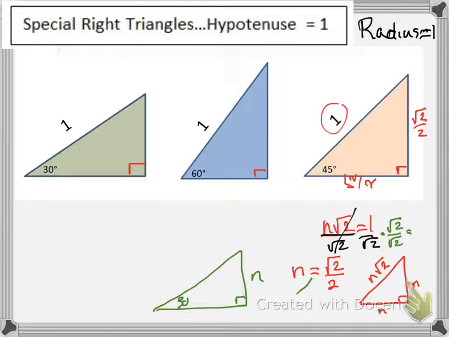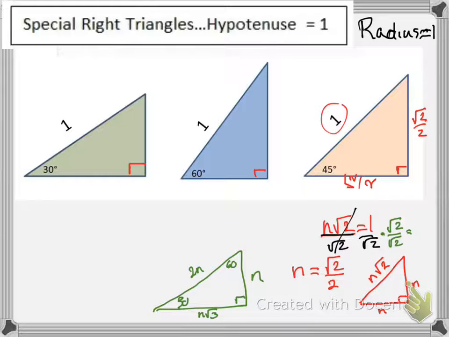The longest side, the hypotenuse, is 2n. The one that's opposite from 60 is n root 3.